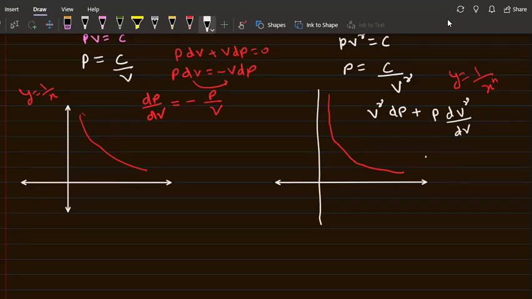What is the formula for differentiation of x power n with respect to x? How many of you remember this? This is the basic differentiation formula.